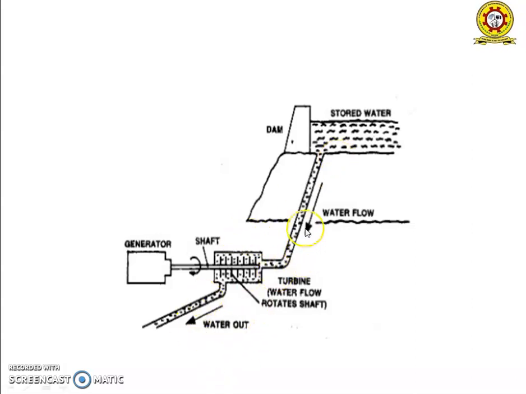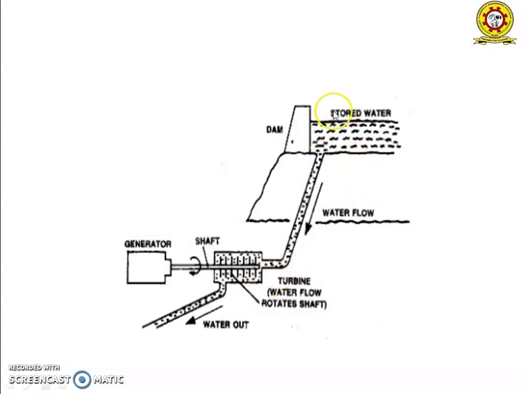So here the penstocks are used. The penstocks are made of steel, wood, or reinforced concrete. Water enters the turbine through the inlet valve. Hydraulic turbines convert the potential energy of the water into electrical energy, coupled to the shaft of the turbine.